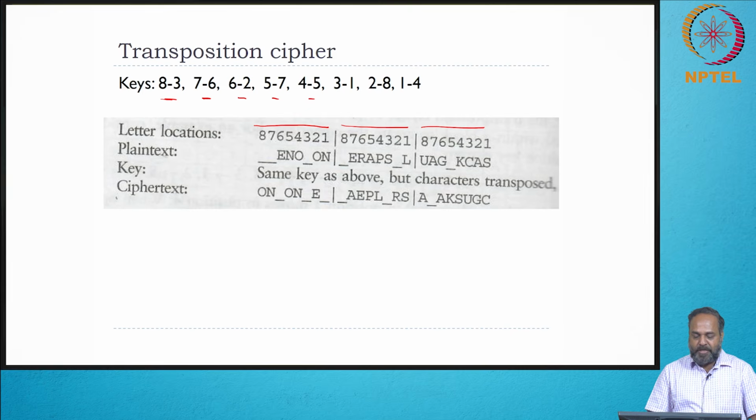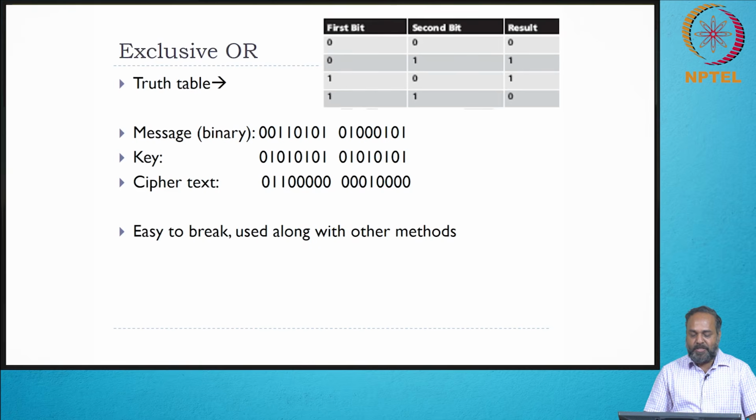Okay. So, that is known as transposition. And therefore, when you apply this particular rule or particular key to each block, the plain text gets transformed into the cipher text. Okay. For each position you have to apply the rule or the key. Okay. The key is nothing but the rule for changing the positions.